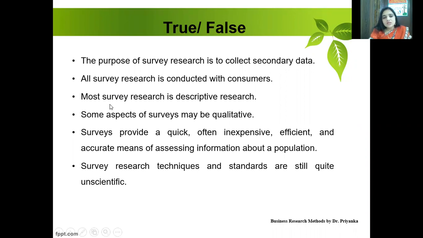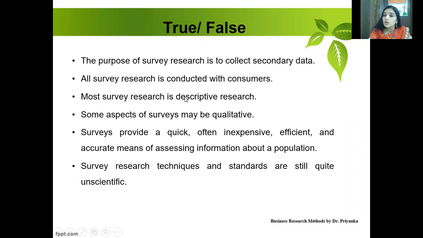Third is, most survey research is descriptive research. Is it? Yes, survey researches basically are descriptive. So it is true. Next, some aspects of surveys may be qualitative. Yes, sometimes some aspects of surveys are qualitative as well as quantitative. So both the statements are true. Most survey research is descriptive. Yes, these are descriptive researches. When we say that some aspects of surveys are qualitative, this is also true, because we are saying that most survey research is descriptive.